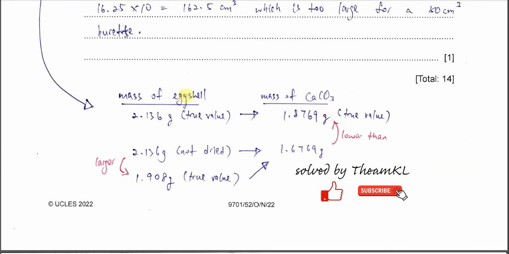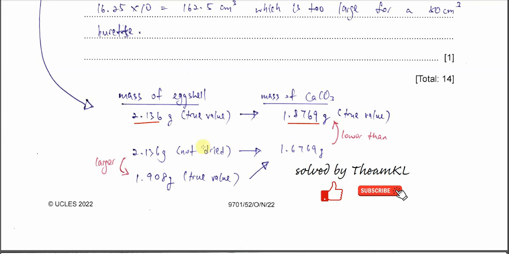If we compare the values, this one is from the experiment, 2.136 gram. If the eggshell is totally dry, it would give 1.8769 gram. So these 2 values are the true values from the experiment, where the eggshell has no water.